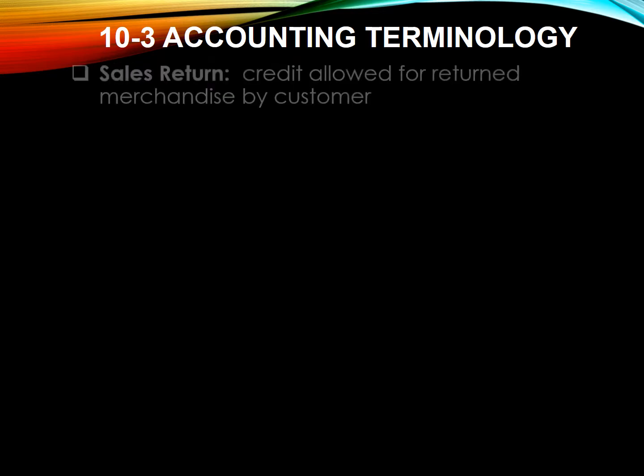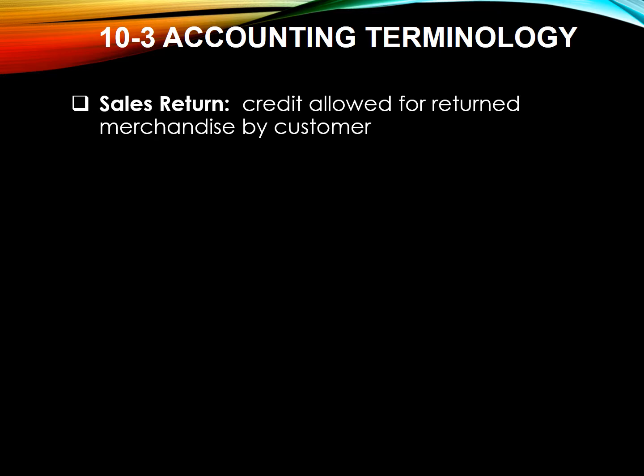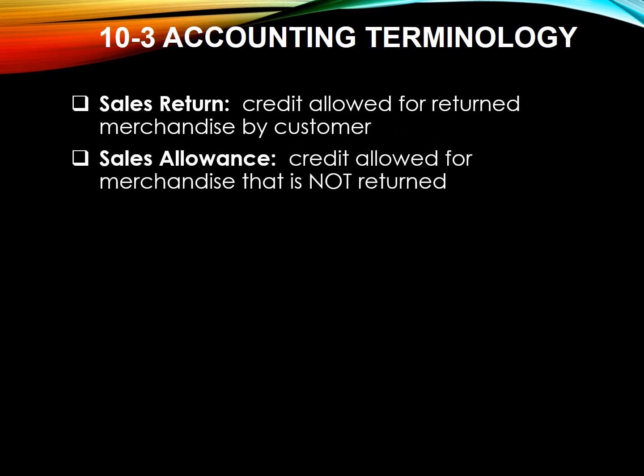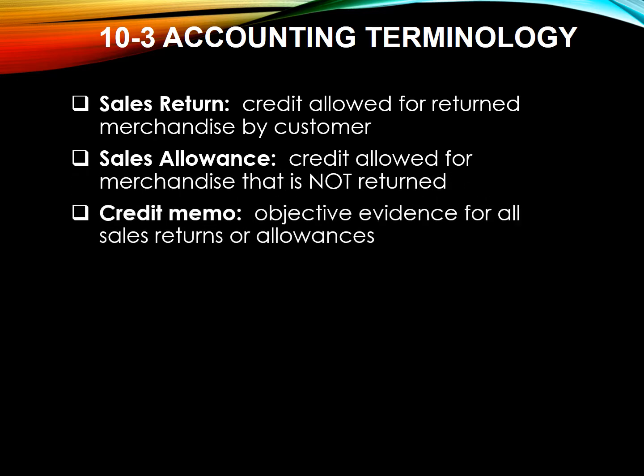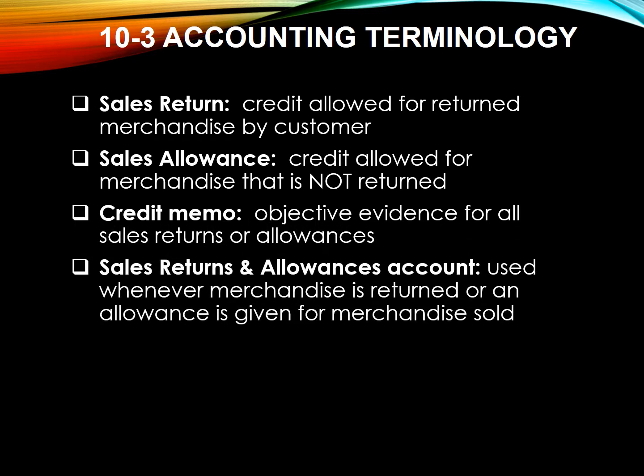(10-3) Accounting Terminology. Sales return. A sales return is a credit allowed for returned merchandise by a customer. A sales allowance is a credit allowed for merchandise that is not returned. Credit memo is the objective evidence for all sales returns or allowances.